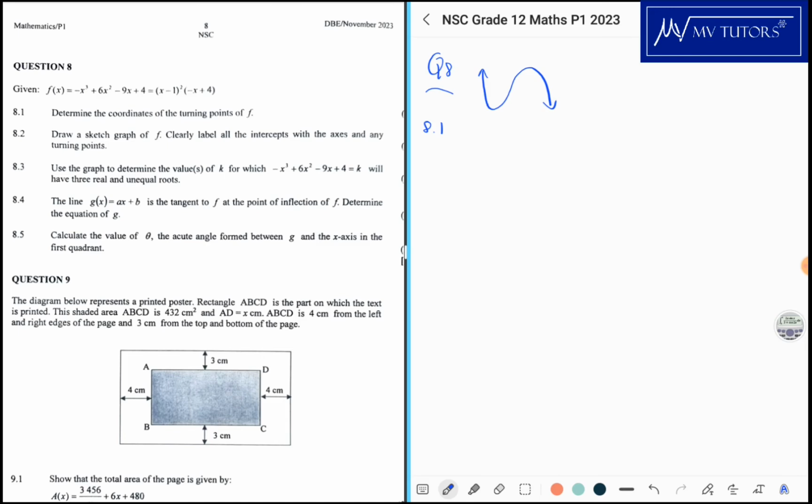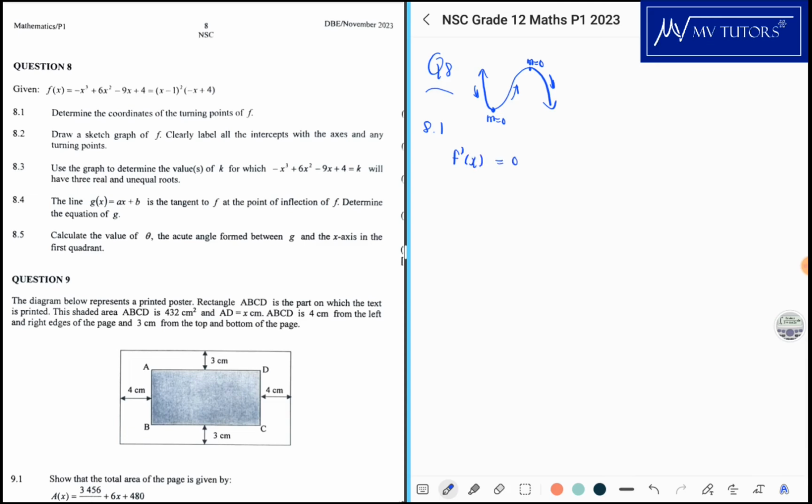So if they want the coordinates of the turning point, remember at the turning point, that is where the gradient is 0. So it's stationary, okay? Whereas here, the gradient is smaller than 0. There, the gradient is bigger than 0. Here, smaller than 0. So basically, we are getting the first derivative and making it equal to 0.